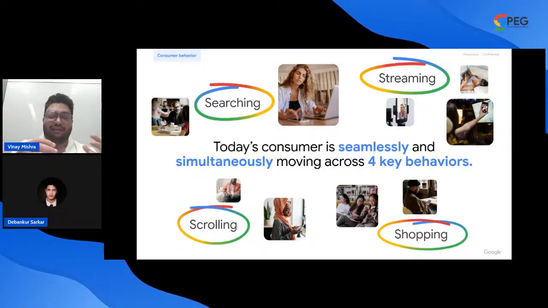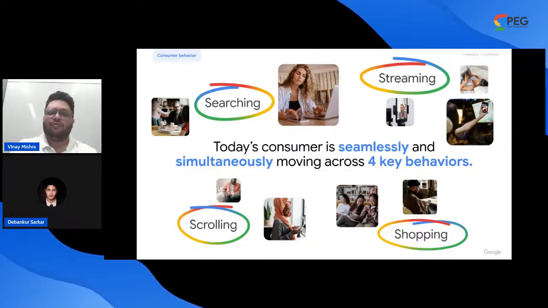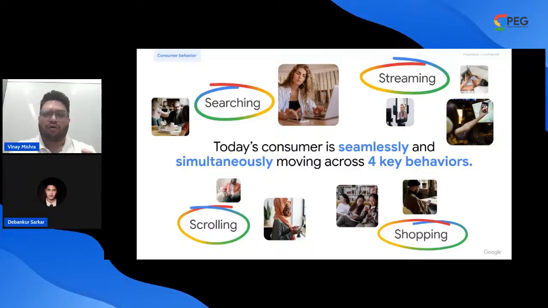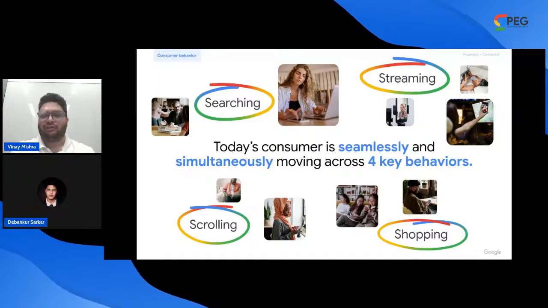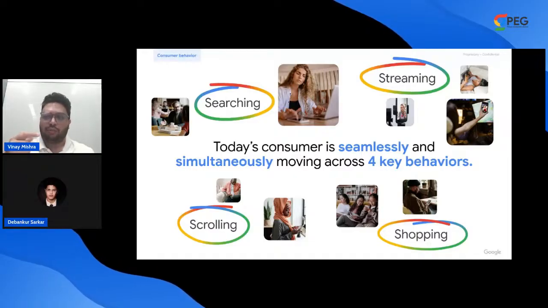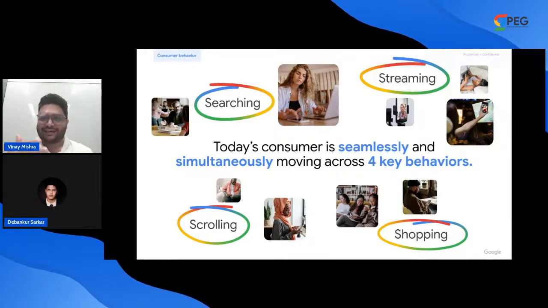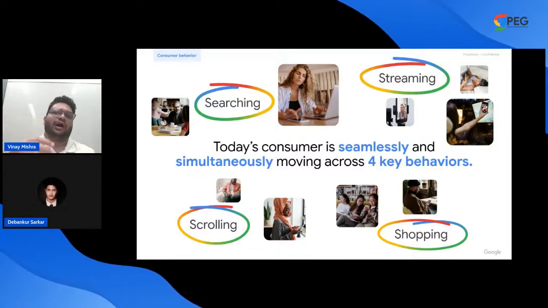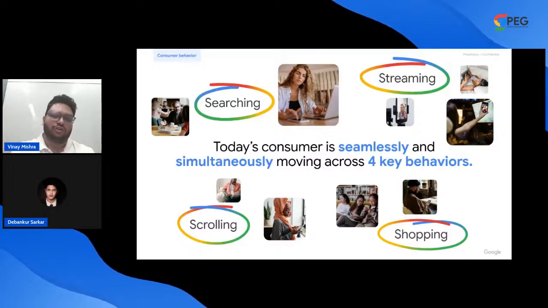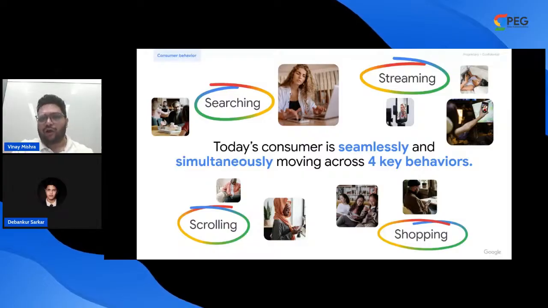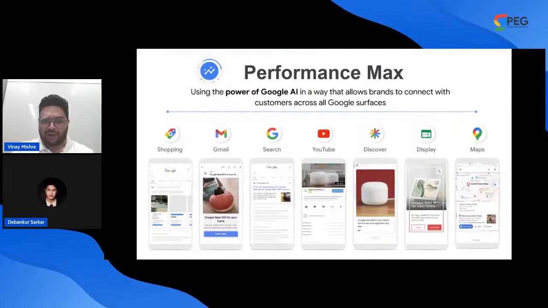For example, if users want to research a car, some will search for it, and while they're streaming through Gmail, Discover, and YouTube, we have to make sure our ads are visible there so we don't lose the customer's attention. Then there's scrolling through different platforms, and shopping as well.